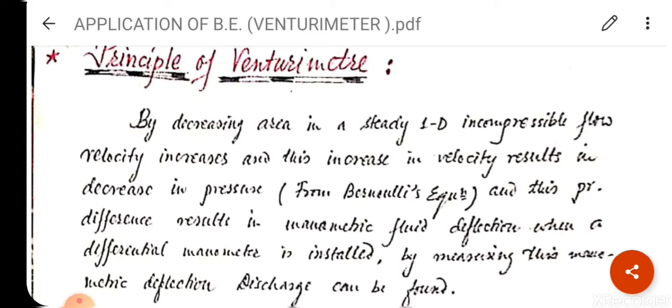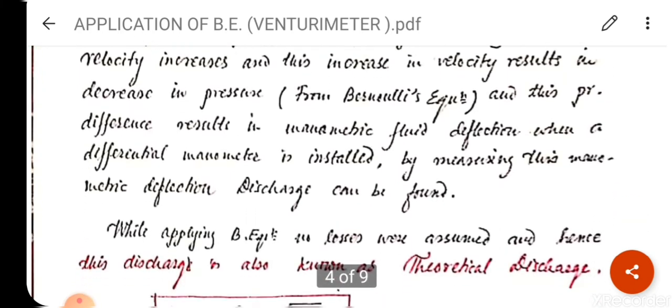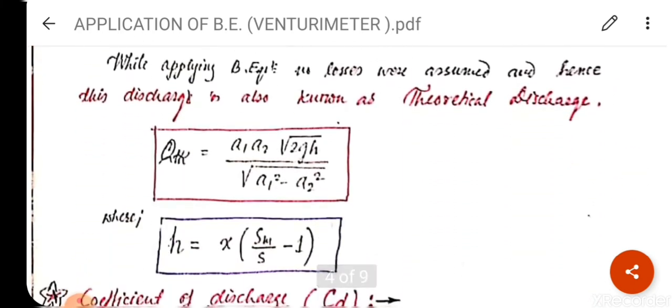If we attach a limb of manometric fluid, it will be affected, and there will be a manometric fluid deflection when a differential manometer is installed. When we install the venturimeter, there will be deflection in the manometric fluid, whatever manometric fluid it may be. By measuring this manometric deflection, discharge can be found. Now, while applying Bernoulli's equation, losses were assumed, and hence the discharge is also known as theoretical discharge.